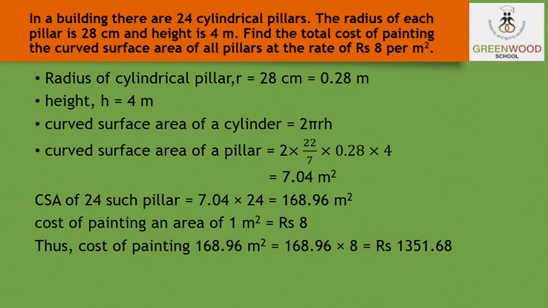The cost of painting is 8 rupees per meter square, and we have an area of 168.96 meter square to be painted. So total cost of painting would be 168.96 into 8, that is 1351.68 rupees.